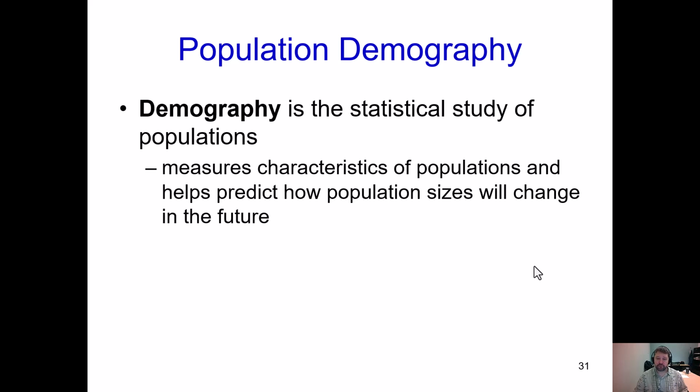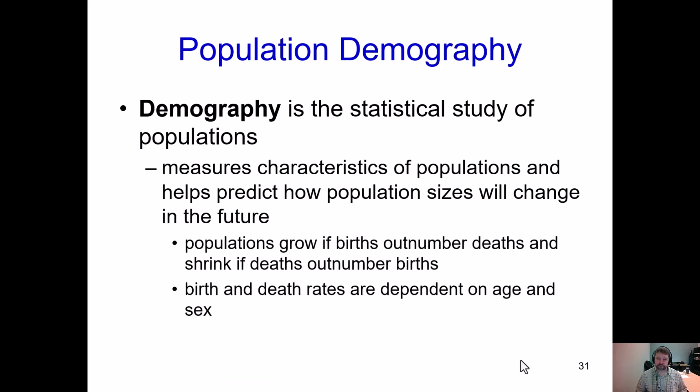If we can figure out what an endangered or threatened species population is doing over time, are they shrinking, are they growing, then we can have predictive measures to figure out how much habitat they are going to need in the future. Is that population becoming more endangered, or is that population recovering? These kind of things. Okay?